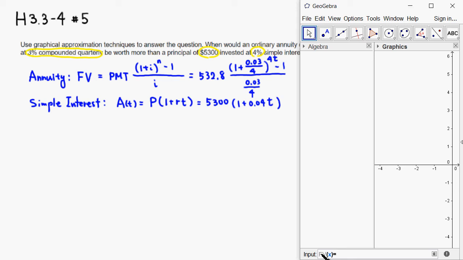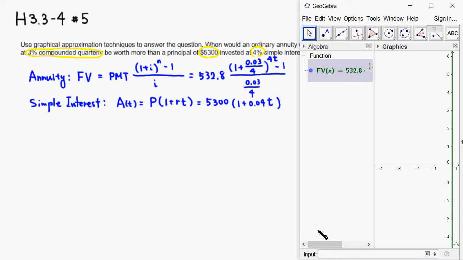So you're going to put 532.8 times the quantity 1 plus 0.03 over 4, raised to the 4x, then minus 1. So that's the numerator, and divided by 0.03 divided by 4.